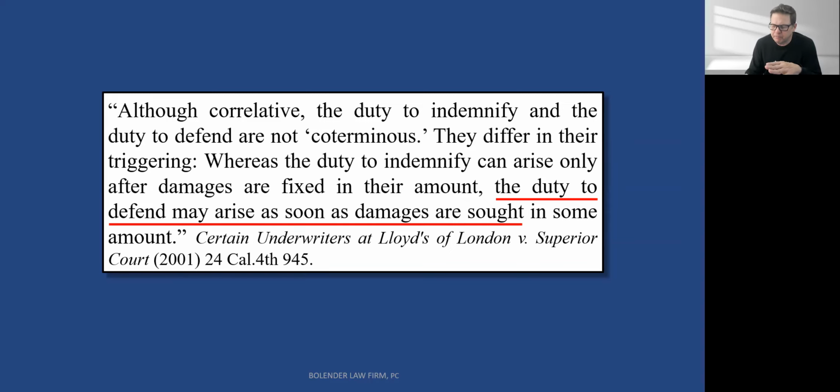In my judgment, the Supreme Court was sending a clear message to lower courts and insurance companies. And that is that the entitlement to a defense is vitally important to policyholders, and that defense obligation attaches immediately and completely.